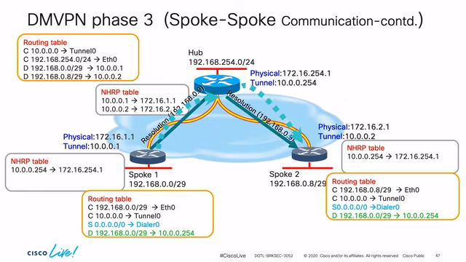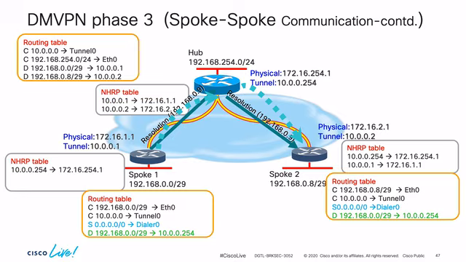Based off this resolution request which spoke 2 gets, it's able to get the NHRP information pertaining to spoke 1, which basically is the tunnel IP address and the physical or the NBMA address of spoke 1. And it's going to update its NHRP table with this information.